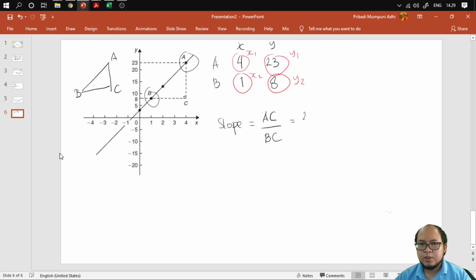So we will have 23 minus 8 over 4 minus 1. We will have 15 over 3, so this equals 5. So the gradient m can be written as y2 minus y1 over x2 minus x1.